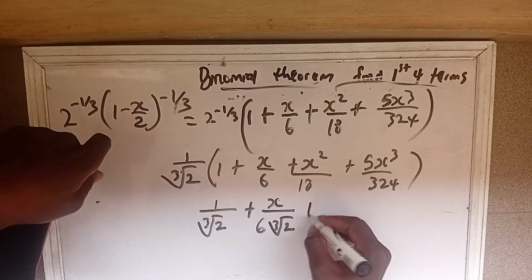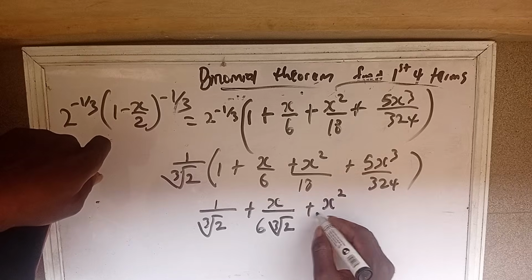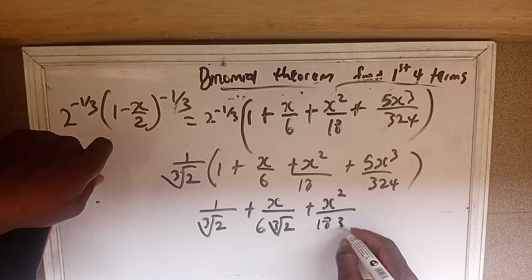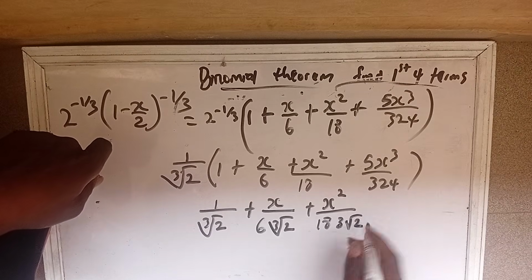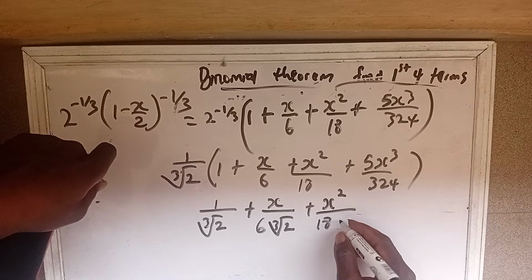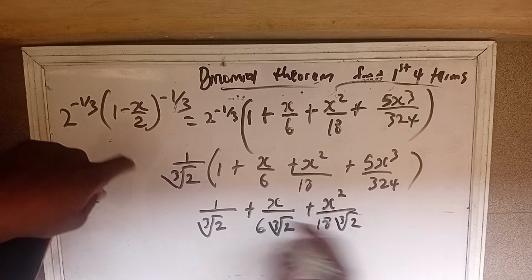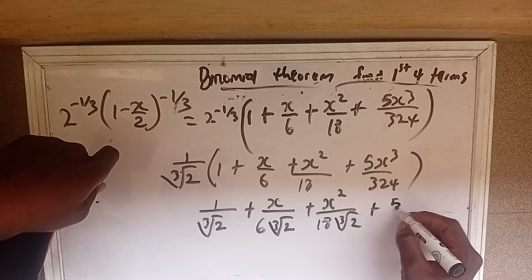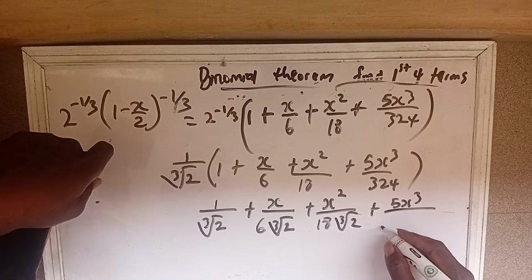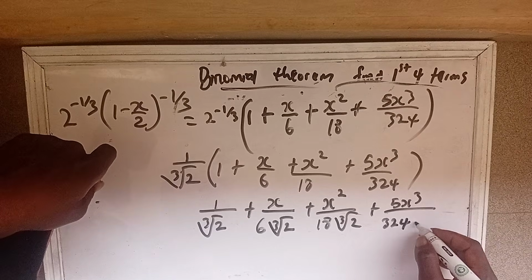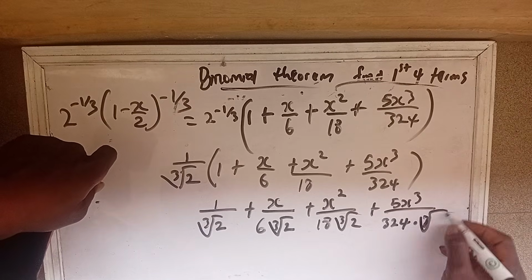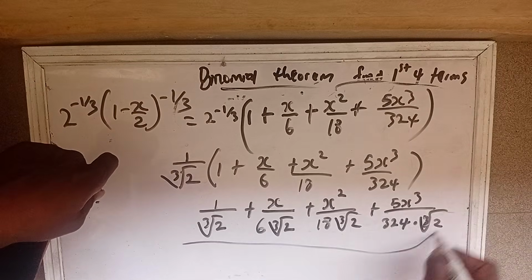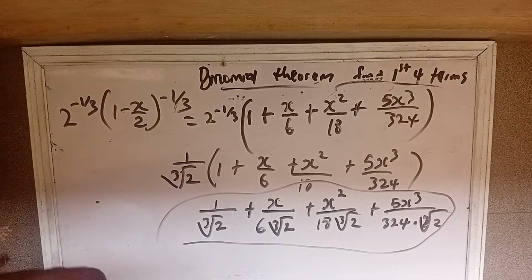This times this, you have x squared over 18 times cube root of 2. This times this, you have 5x cubed over 324 times cube root of 2. So these are our first 4 terms for that binomial expansion.